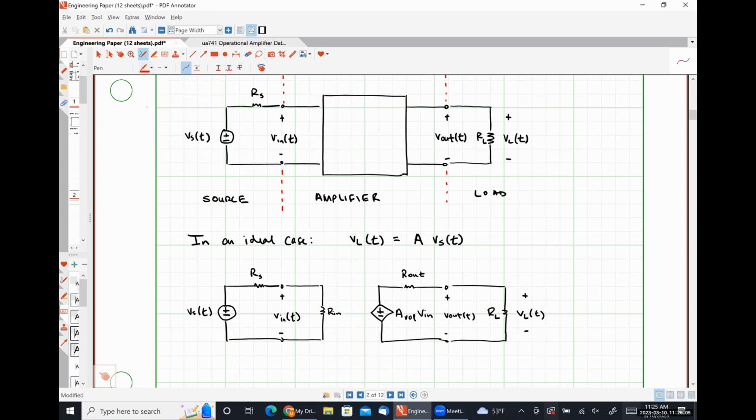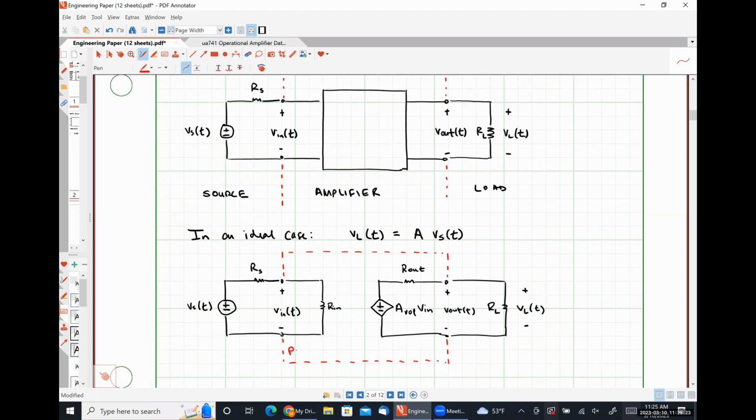Everything in the middle here is what we're going to call the practical voltage amplifier model. Okay. Well, technically, we're not done here, and I want to explain what I mean by that.